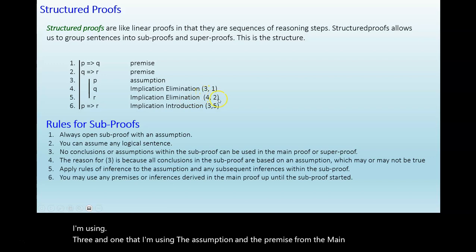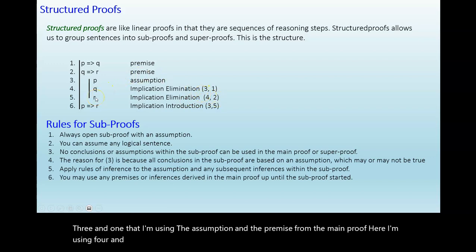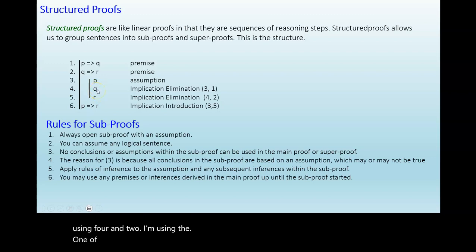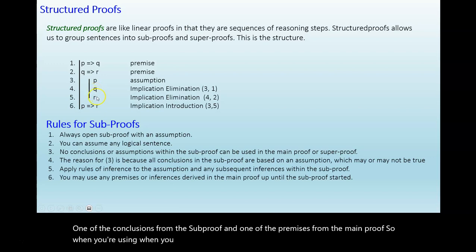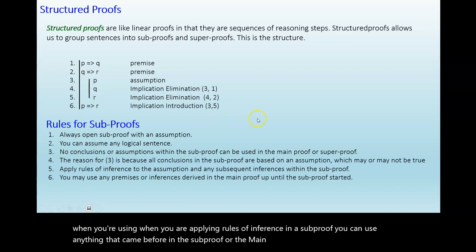Here I'm using 4 and 2, one of the conclusions from the subproof and one of the premises from the main proof. So when you are applying rules of inference in a subproof, you can use anything that came before it in the subproof or the main proof. Okay, moving forward.